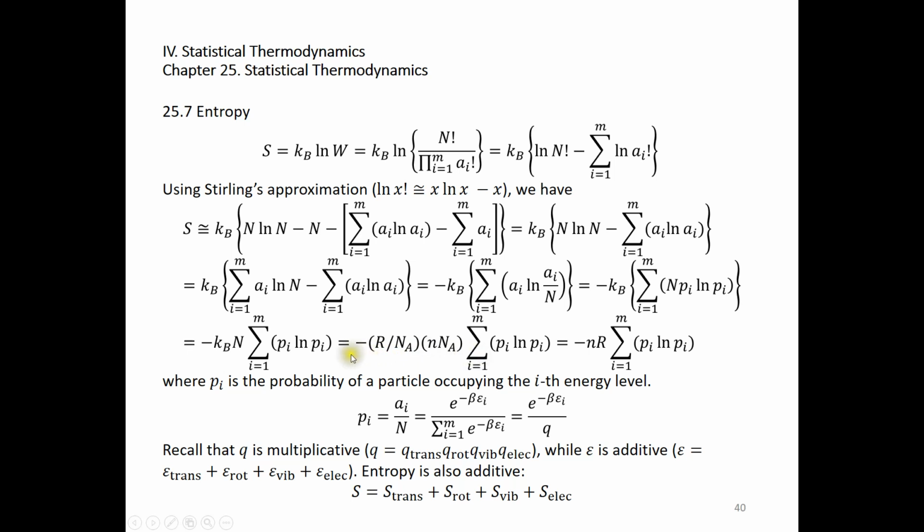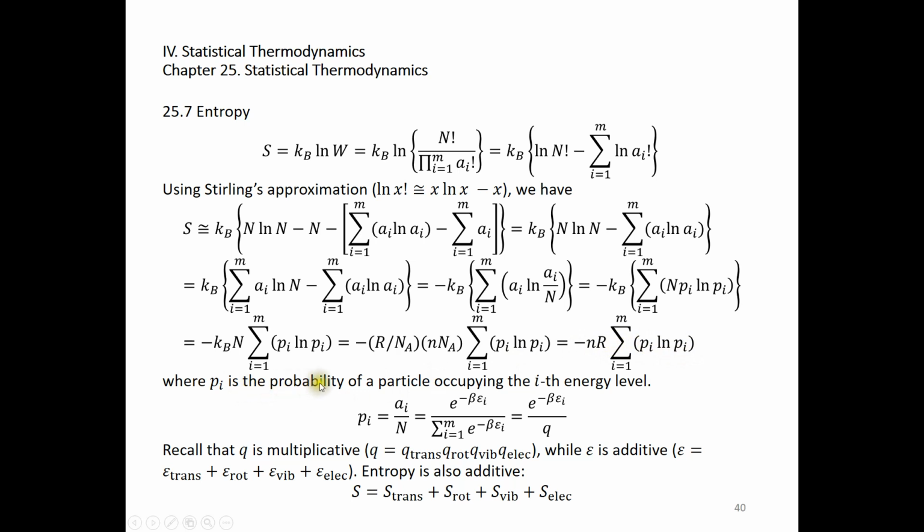Therefore, we can rewrite this part as negative n_mol R. And if we look at the sum, it's a very simple expression. It's the sum of p_i times the logarithm of p_i. Therefore, the Boltzmann entropy is equal to approximately negative n R times the sum of p_i ln p_i.